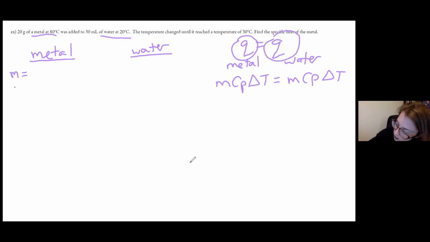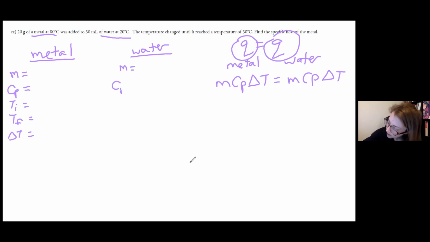So instead, when we're organizing our information, I'd expect you to have an initial temperature, a final temperature, that's with the I and the F, initial and final, and then a change. And same for the water: mass, specific heat, frankly, it's water, I'm just going to plug in 4.18, initial temp, final temp, change in temp.